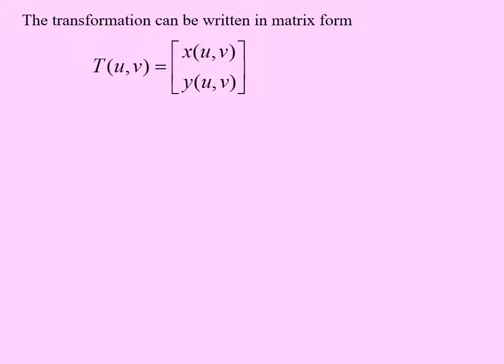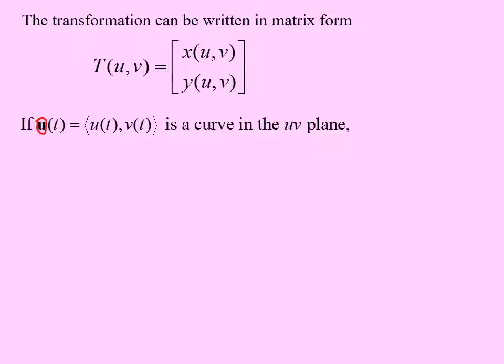Now if we write our transformation in matrix form, we can use the boldface u to represent a curve in the UV plane, a vector valued function consisting of the u's and the v's as functions of t's.